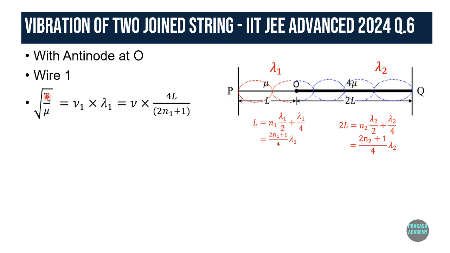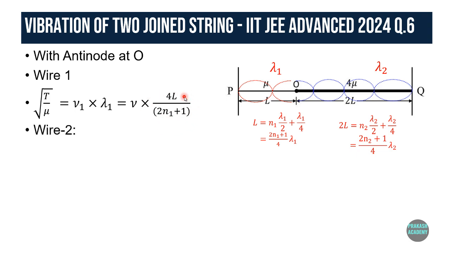Velocity is given by the square root of T by mu, and this is equal to nu times lambda. Nu1 lambda 1, and the frequency will be the same in both wires. So let us say nu1 is equal to nu. What will be lambda 1? I can calculate lambda 1 from here. So this will be 4L divided by (2N1 plus 1). So that is this value.